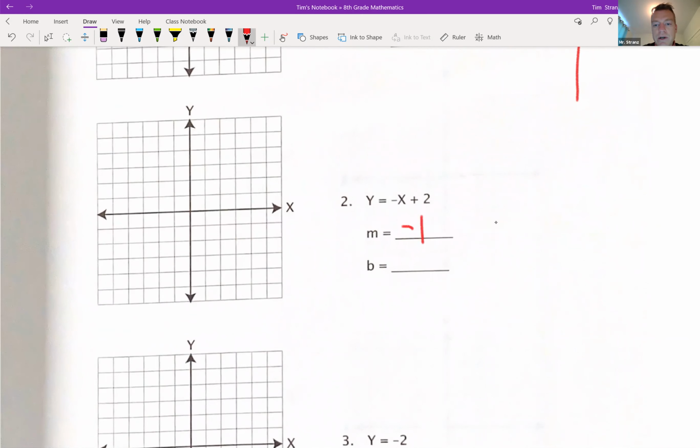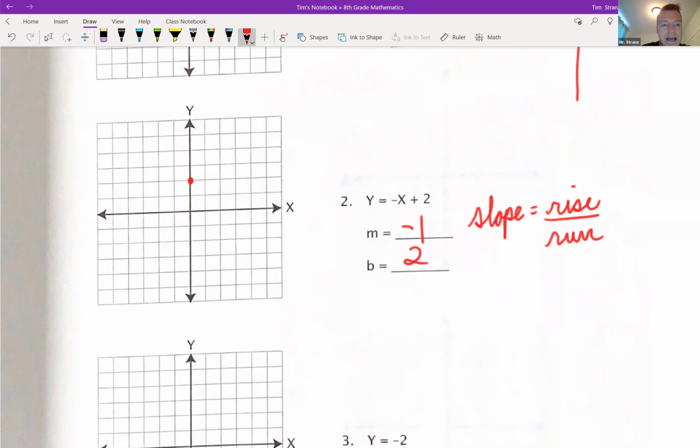And we know our y-intercept is going to be 2, okay? So really, you don't even have to make a table for this one. If you look at the y-intercept and put it at 2, right there, the slope is negative 1, right? So remember, slope equals rise over run.